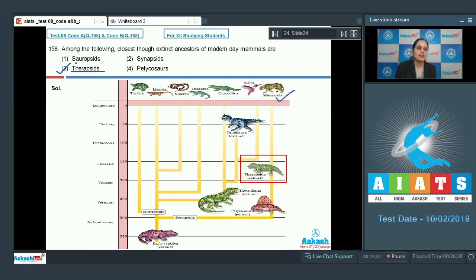On the other hand, sauropsids and synapsids are the incorrect options, and pelycosaur is also an incorrect option because pelycosaur and synapsids fall on the same lineage as therapsids, whereas sauropsid is an incorrect option as sauropsids were ancestors of modern reptiles. So the correct answer to this question is option number 3, therapsids. Let's discuss our next question.